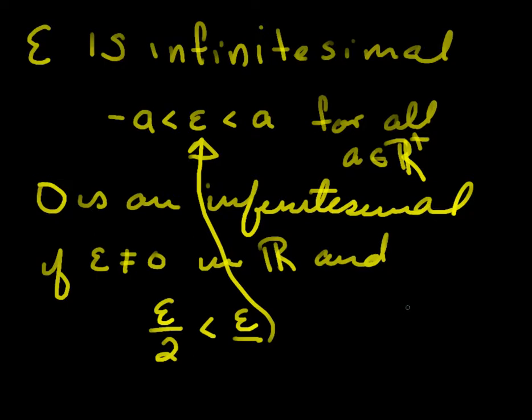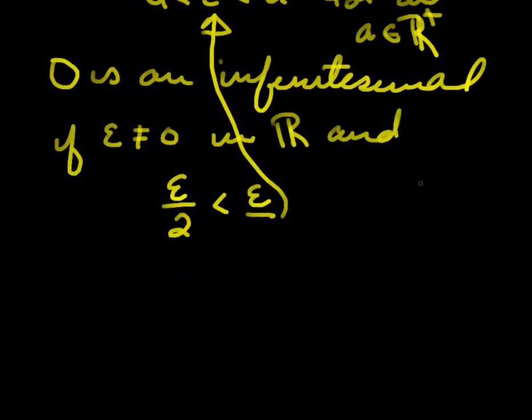But in the previous section, I said I wanted to talk about numbers being so small we can ignore them. And we can do exactly that by adding numbers into the real number system. So we're going to just add these infinitesimals.